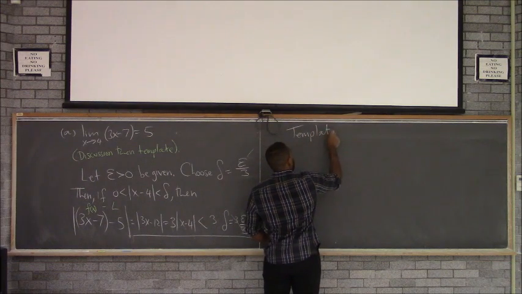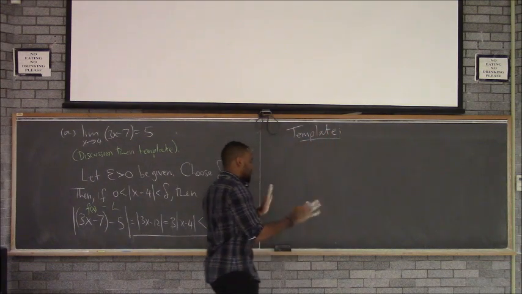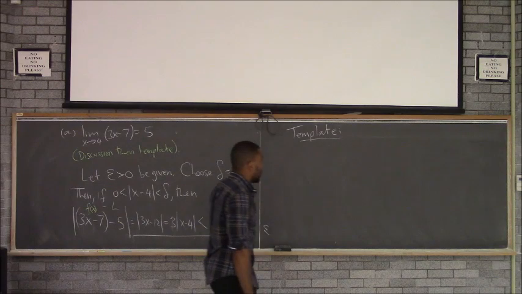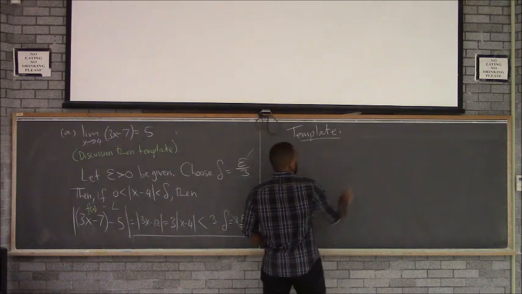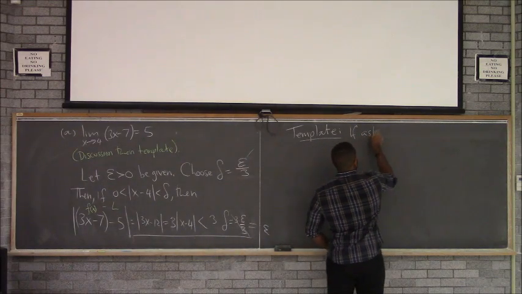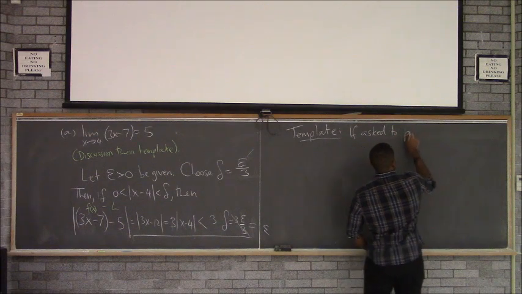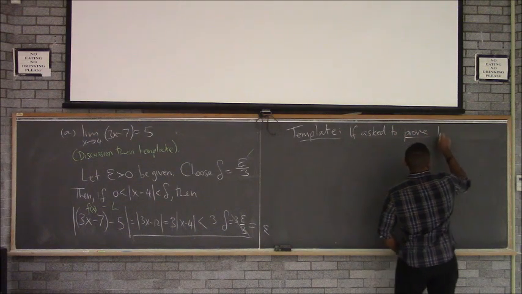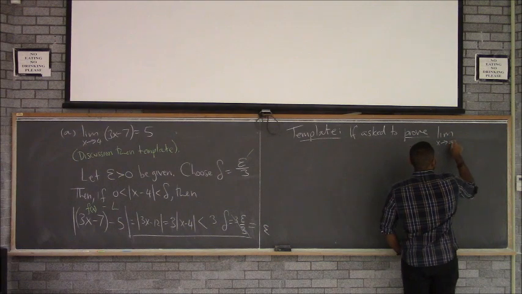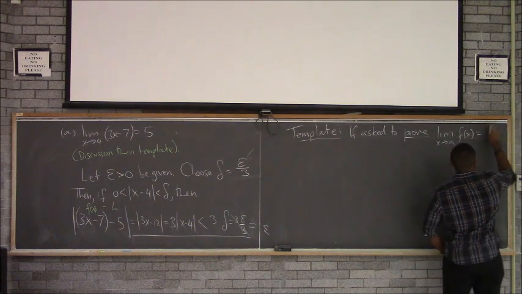Template. This is something that might need some time to sink in, so we'll talk a little bit more about it on Wednesday. If asked to prove the limit as x approaches a of f of x equals L.